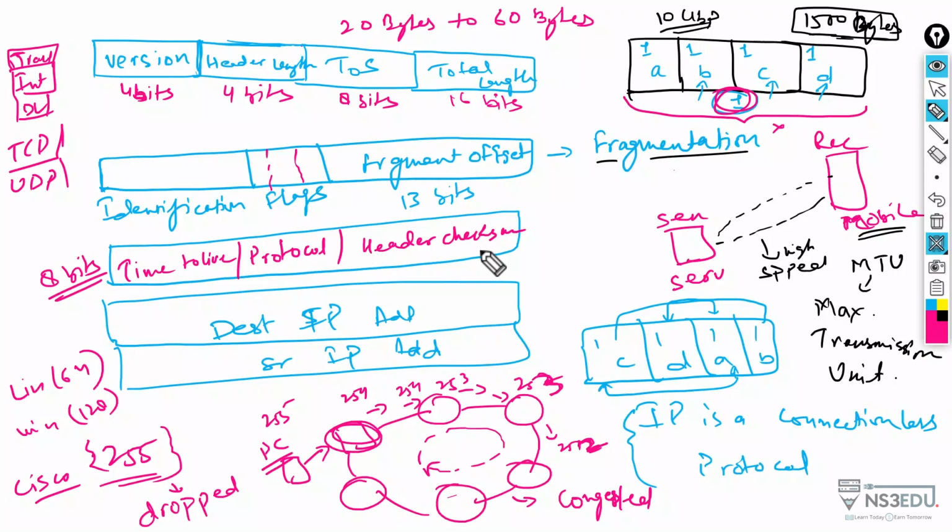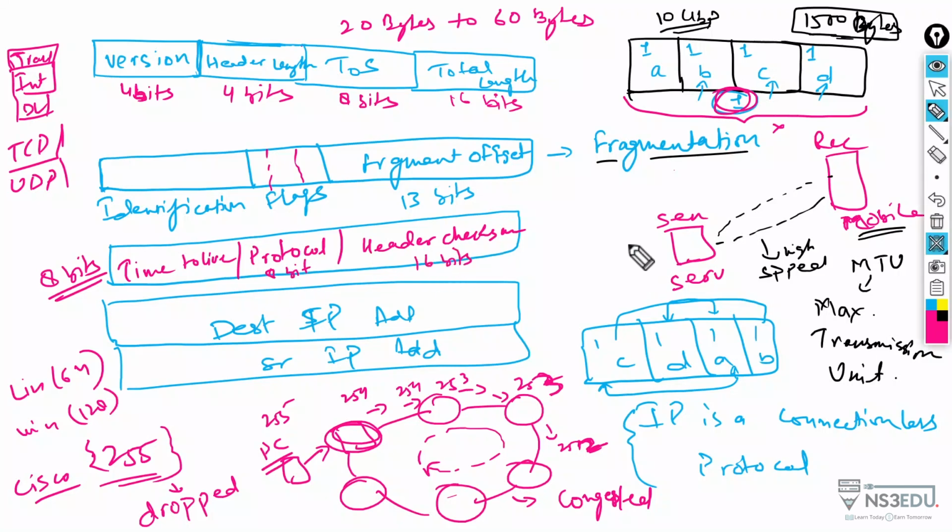So when we are discussing a checksum at a particular layer, that checksum is just detecting errors at the layer, not in the data. The other field, the FCS, frame check sequence, is something that we study in the frame header, and that is used to detect errors on the whole frame. Here we will just deal with the errors in the header. This protocol, by the way, is of 8 bits, and this is of 16 bits.